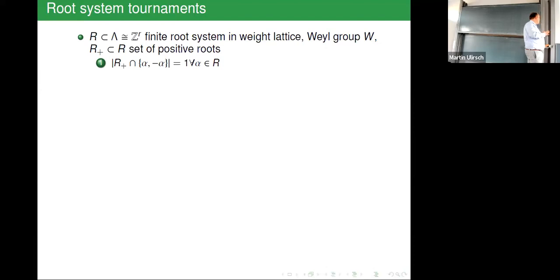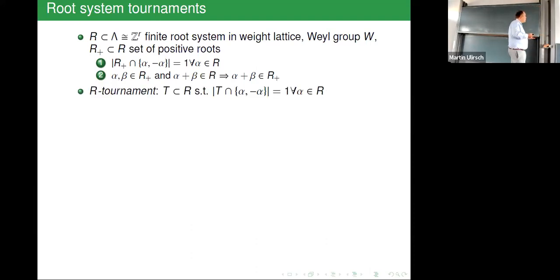We fix exactly one of each pair, and if it satisfies the two conditions, and the sum is a root, then that is positive. So we just weaken the definition of positive roots. We don't want the second property, just the first one. We want to pick one from every pair.